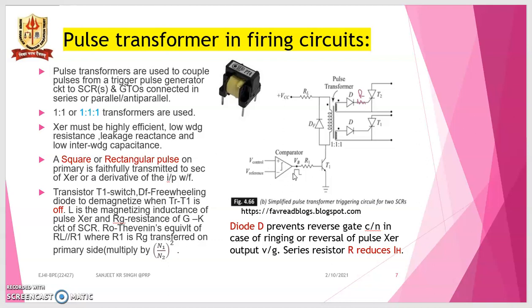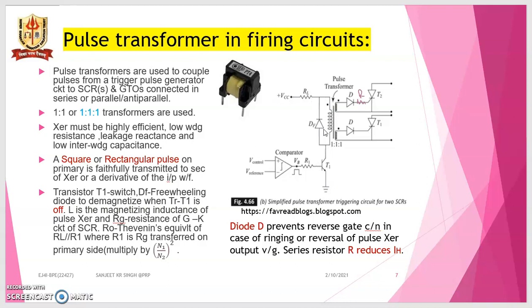So a square or rectangular pulse obtained from, say, a comparator here or from a flip-flop or digital circuits will be used to turn on the transistor. The transistor here is acting as a switch, and whenever it is turned on, there will be a current from this load to the primary.